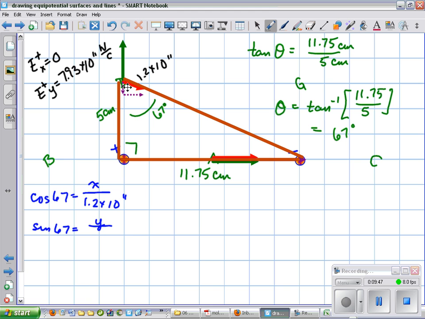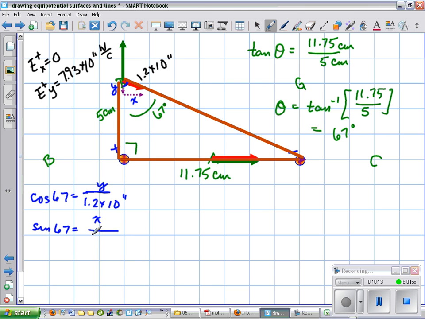Whoops, my adjacent side here is y, sorry. Let's fix that. The vertical side, which is opposite to my angle, is right up here in my triangle. So this is my y side, and this is my x side.